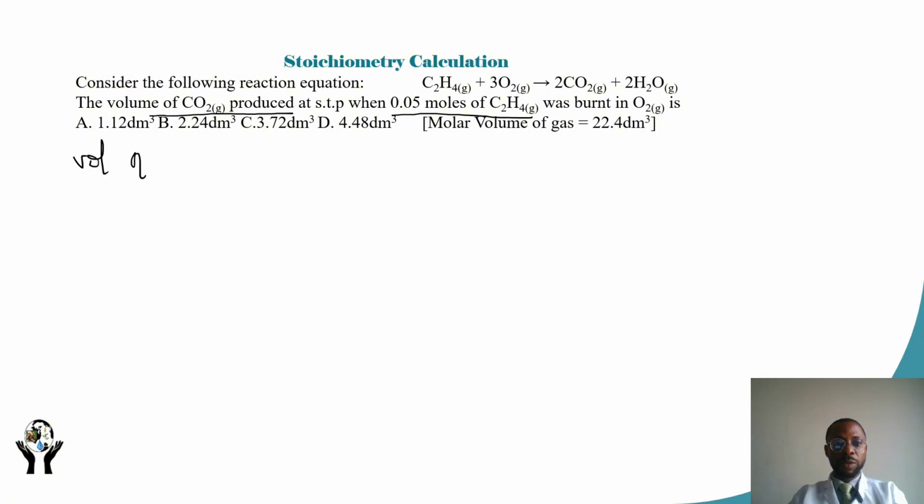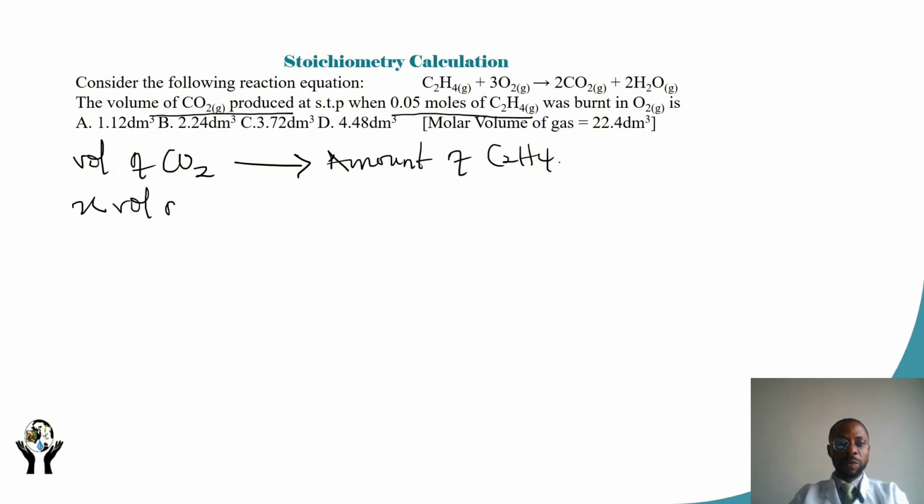So volume of CO2 with respect to the amount or the moles of C2H4. So from the question given to us, we want to know x volume of CO2 that's produced from 0.05 moles of C2H4.